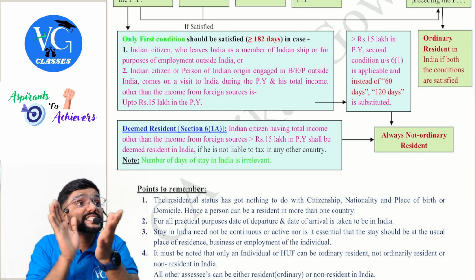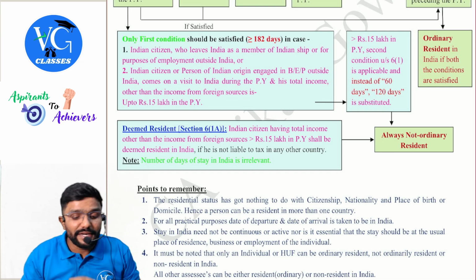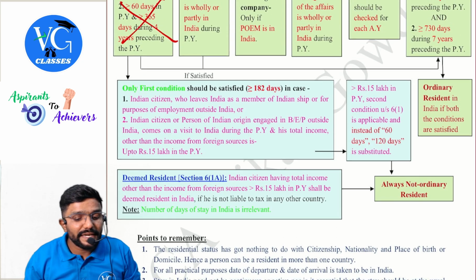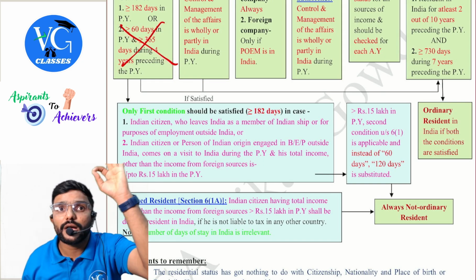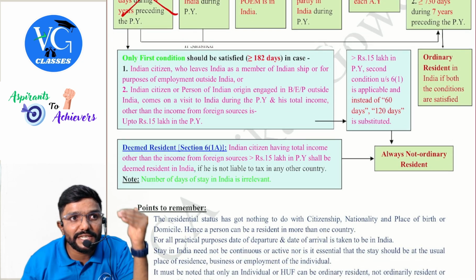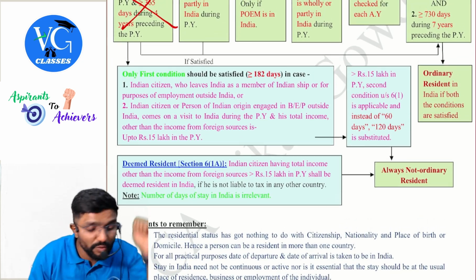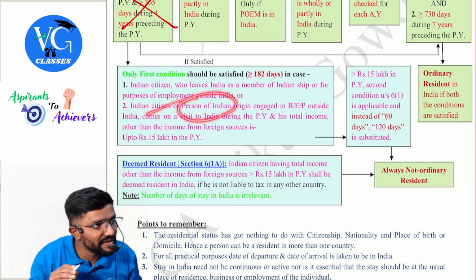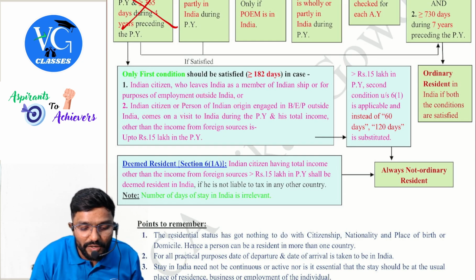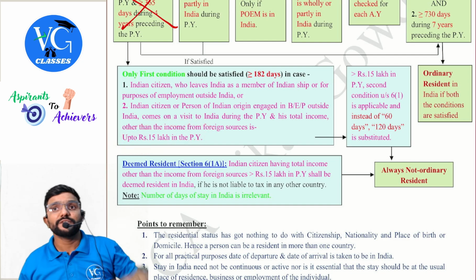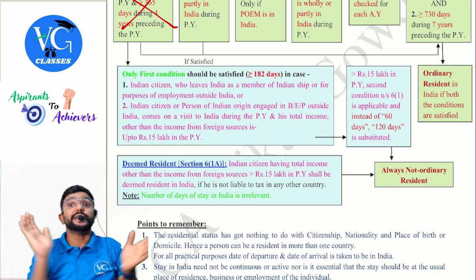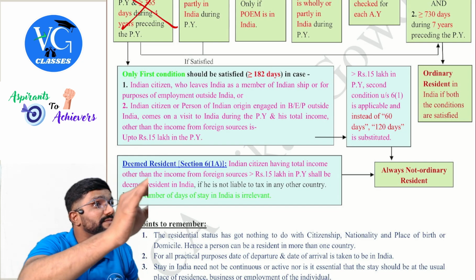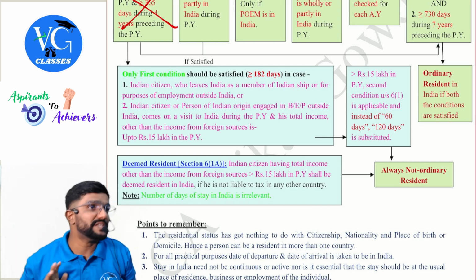Up to 15 means less than or equal to 15. Then for him, the second condition is not at all applicable, guys. What is the difference between the first and second point? Two major differences. Person of Indian origin is covered here, plus they're talking about income here. The first case was going outside India. The second case is coming to India, not to settle here, but for a visit, during our previous year.